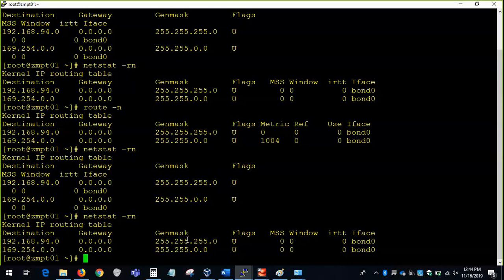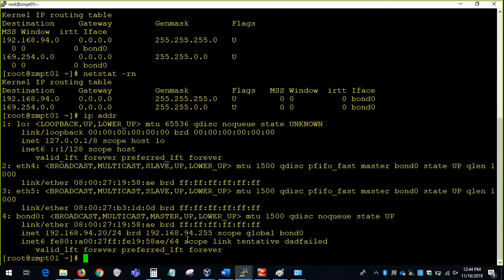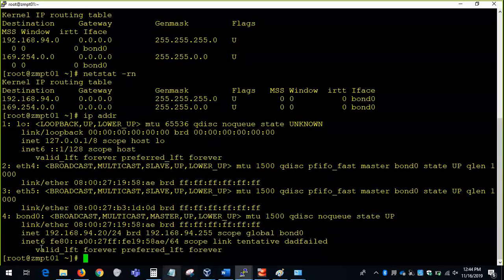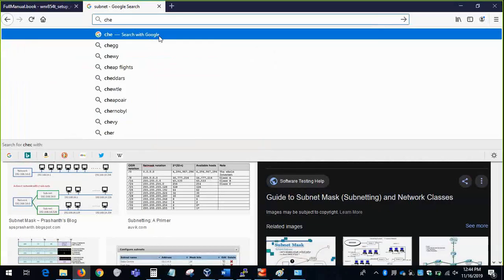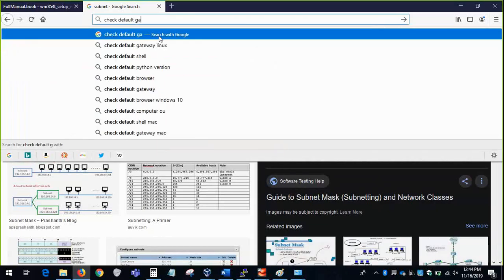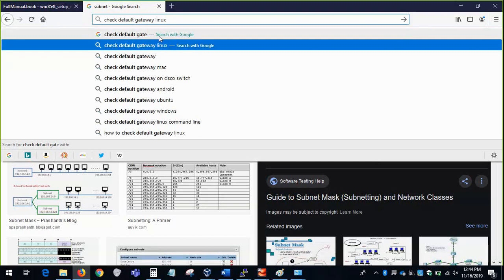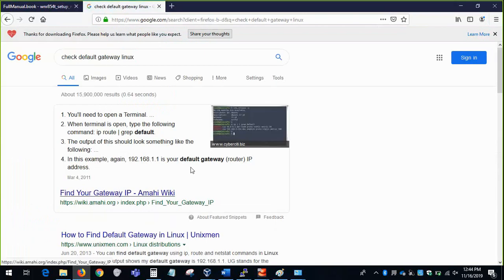If not, then do ifconfig. Let's see here. This is purely a VirtualBox issue. Check the default gateway limit. Let's try this command here.